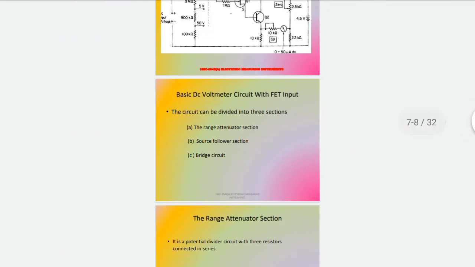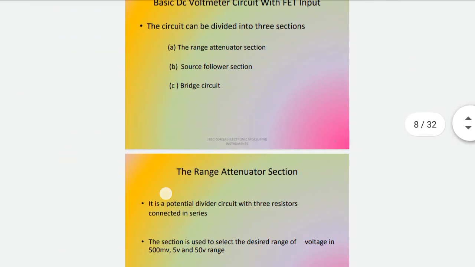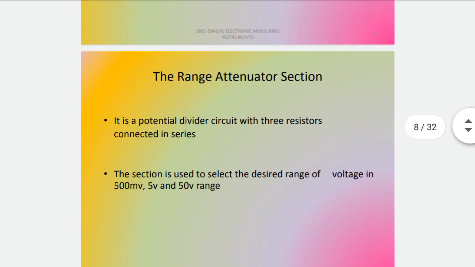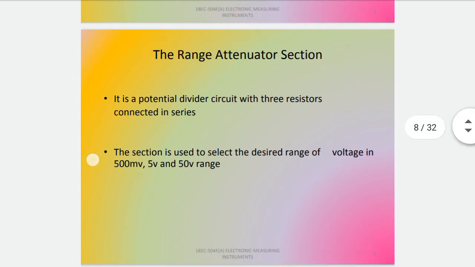This section is used to select the desired range of voltage: 500 millivolts, 5 volts and 50 volt range. The 500 millivolts is nothing but 0.5 volts.